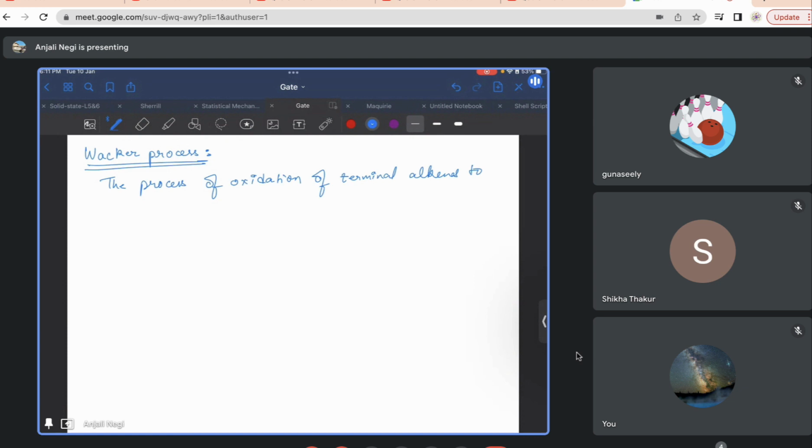The oxidation of alkene will convert them into either aldehyde or ketones.